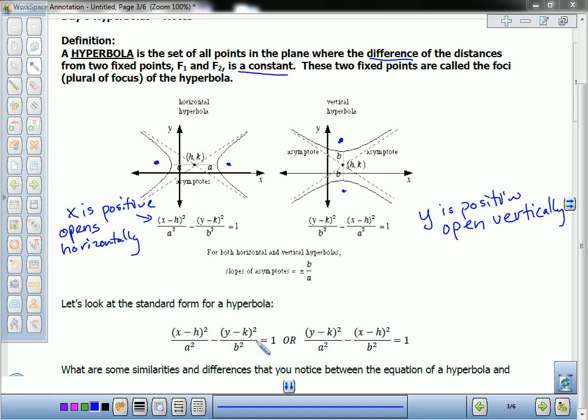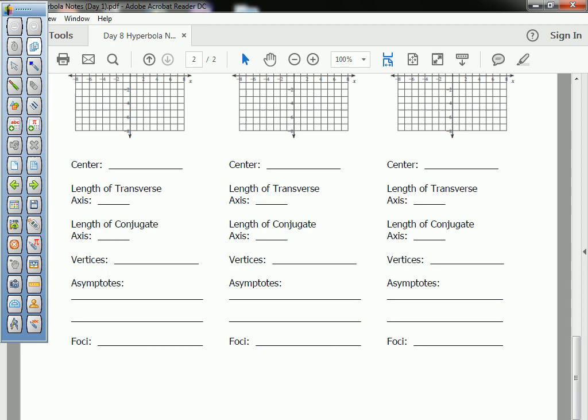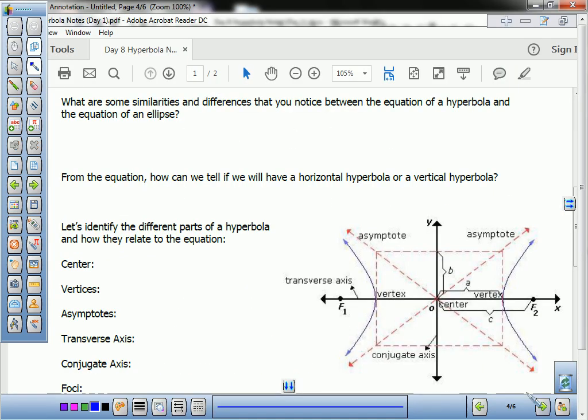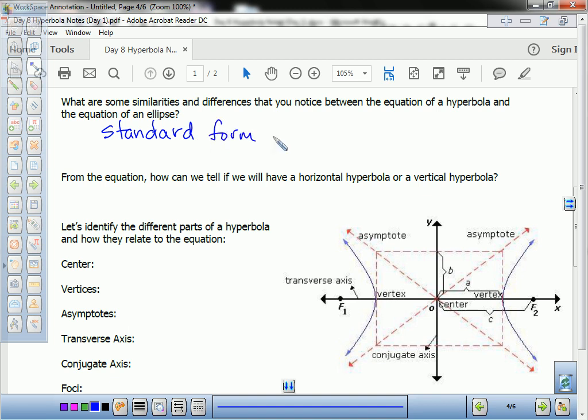an ellipse except for the minus. Okay? So that's the first thing we have here. What are some similarities and differences that you notice between the hyperbola and the ellipse? The formula looks very similar. The standard form is very similar.